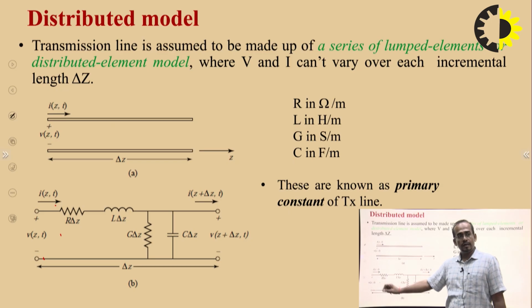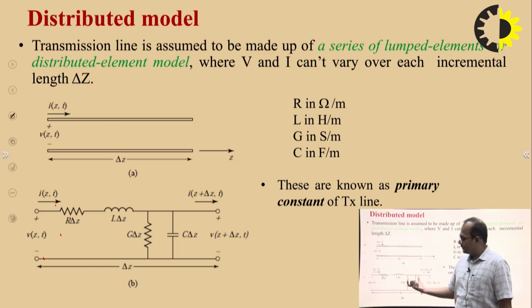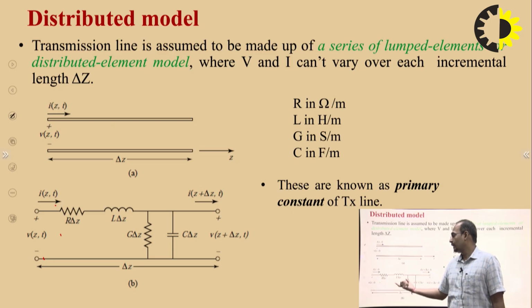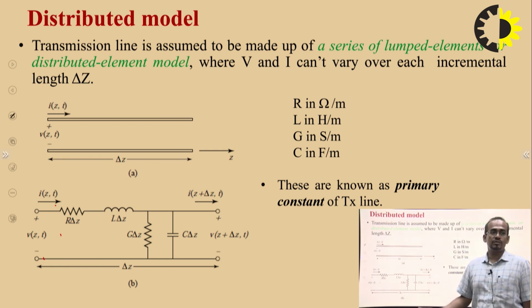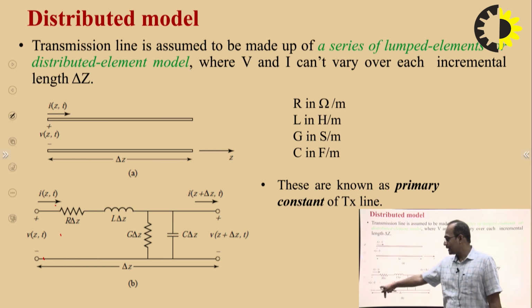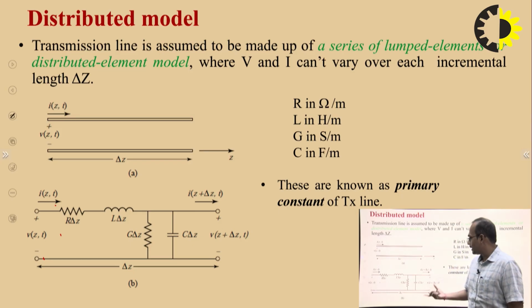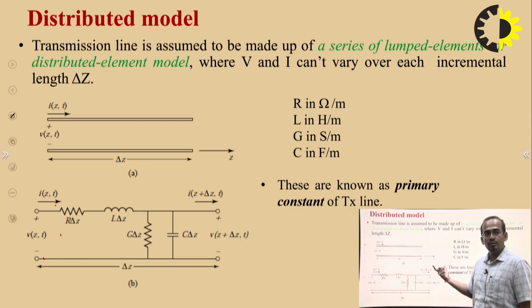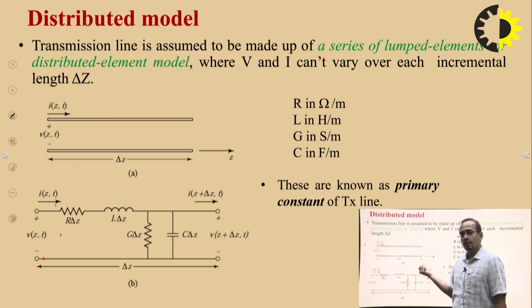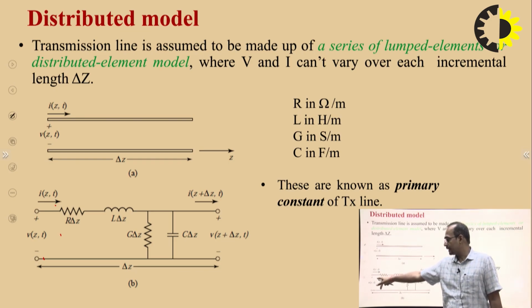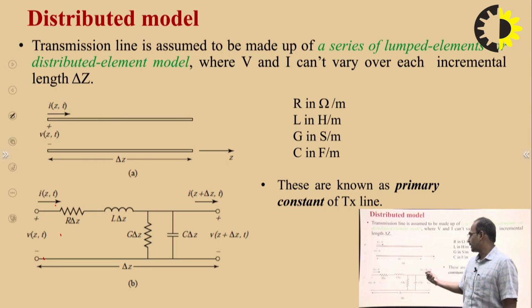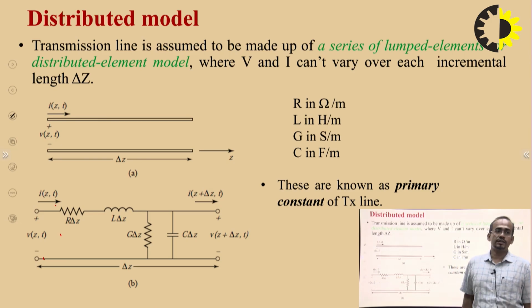If we do a small increment in the length of the transmission line, then this terminal will be at z plus delta z. So V(z,t) is the voltage at these two terminals and V(z+delta z,t) is the voltage at this terminal. Now, what will be the current at this terminal? If the current at this terminal is I(z,t), then the current at this terminal will be I(z+delta z,t).